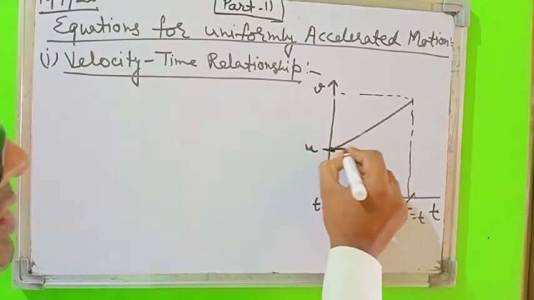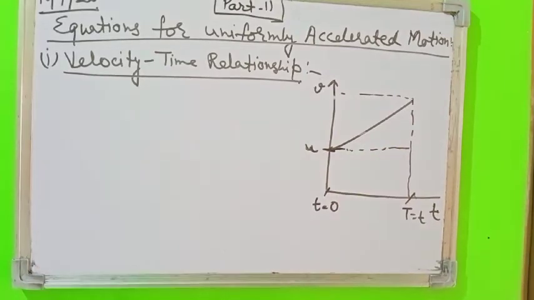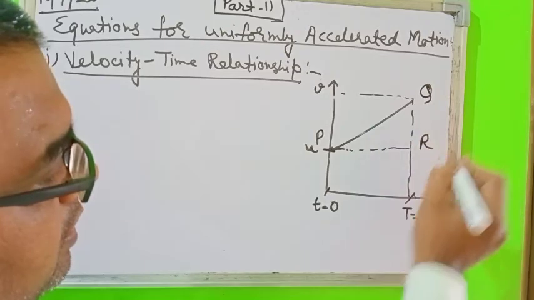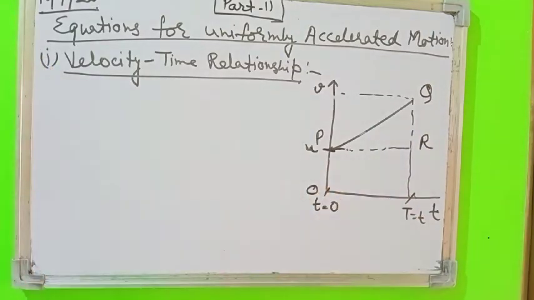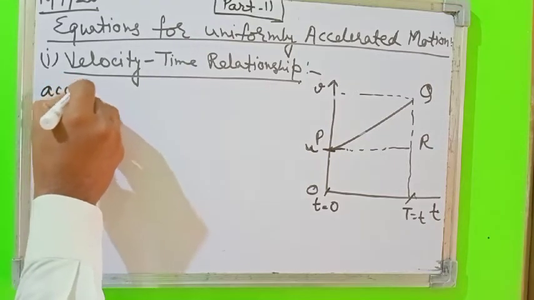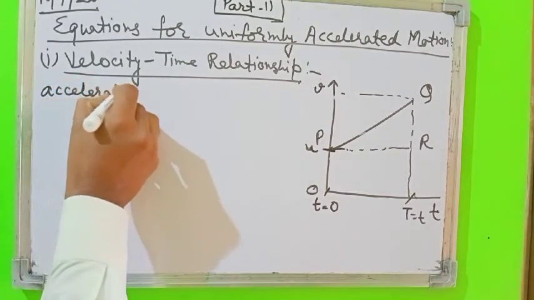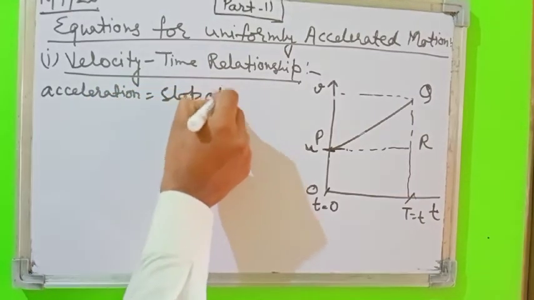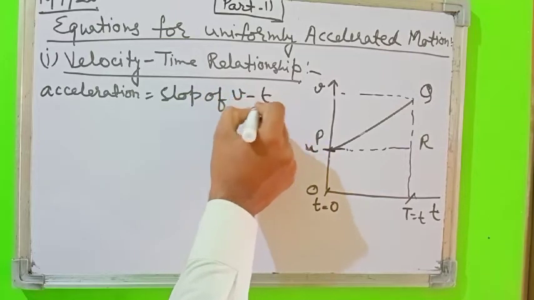Now we have joined it and marked the points P, Q, R, T, O. Now we have to find the velocity time relationship, and we know that acceleration is equal to the slope of the velocity time graph.